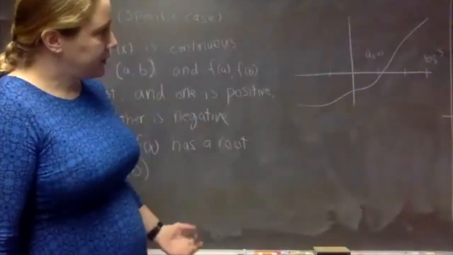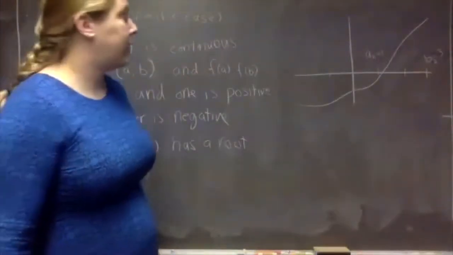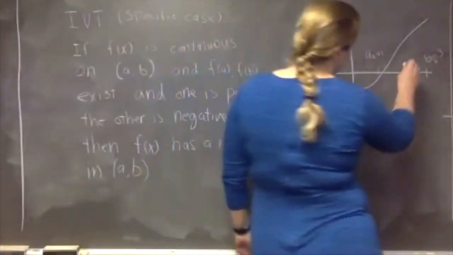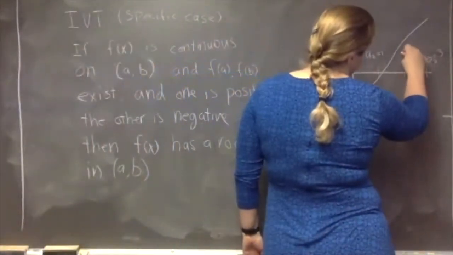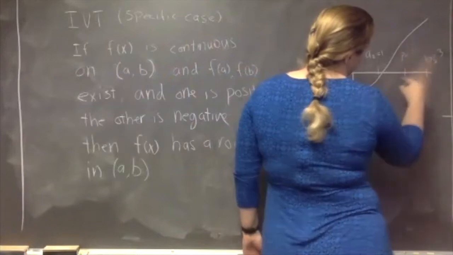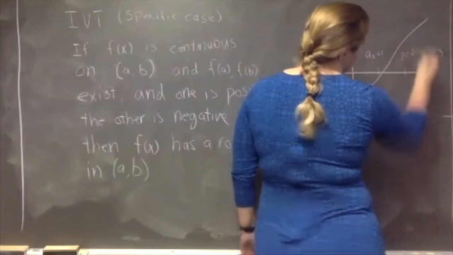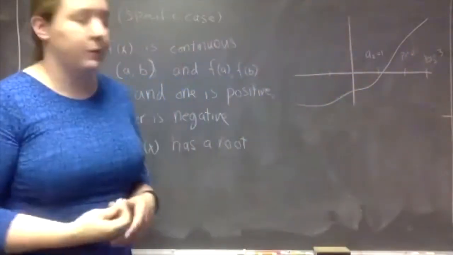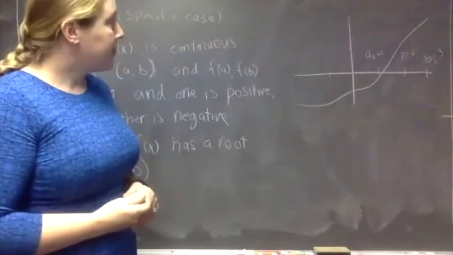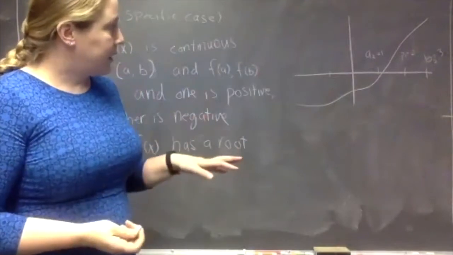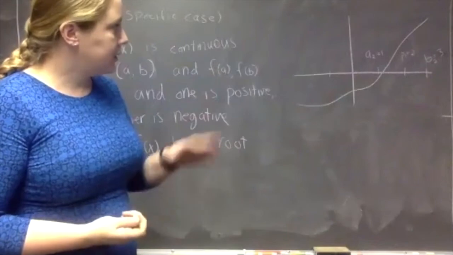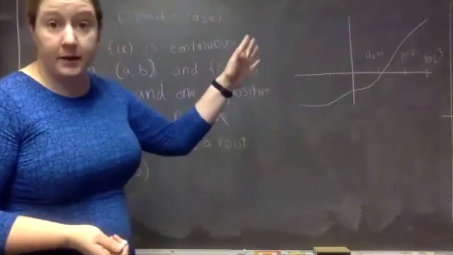Then we chop our interval in half again. At this next step, this is p2, which is 2, obviously our value right between 1 and 3. When we have p2 equals 2, the function's positive.